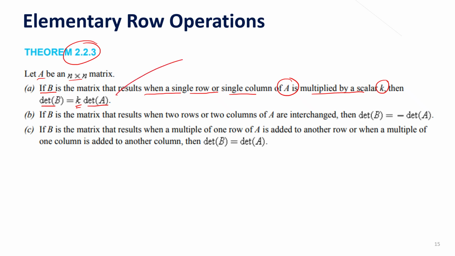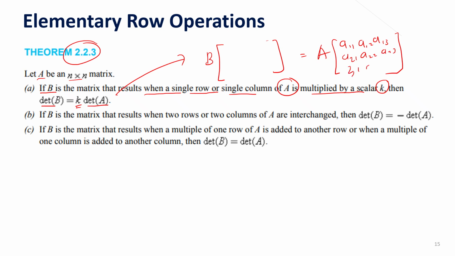What does it mean? Let's say you have a matrix B, and you have matrix A here: A11, A12, A13, A21, A22, A23, A31, A32, A33, something like this.